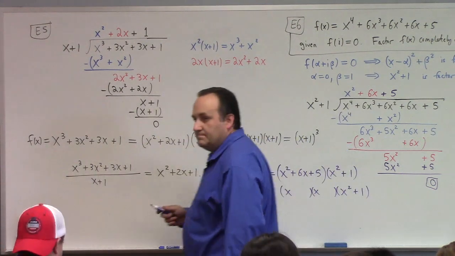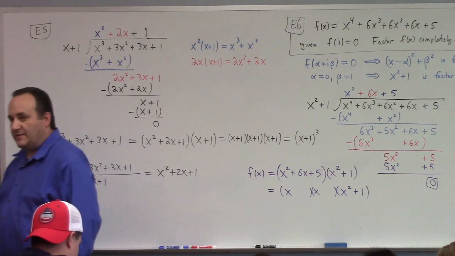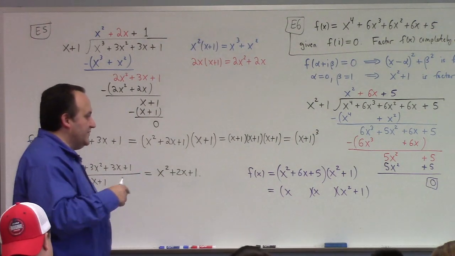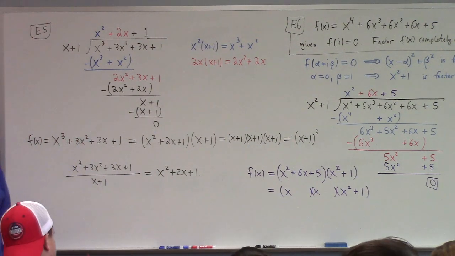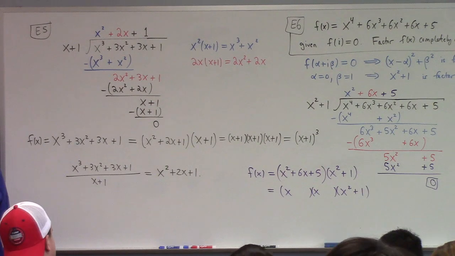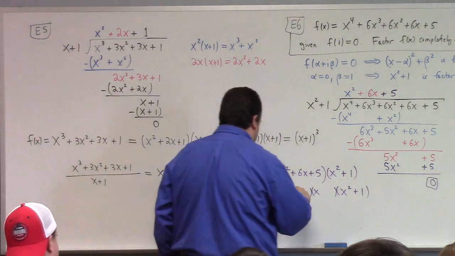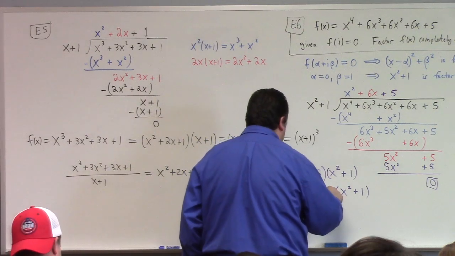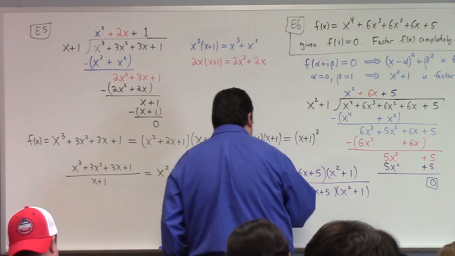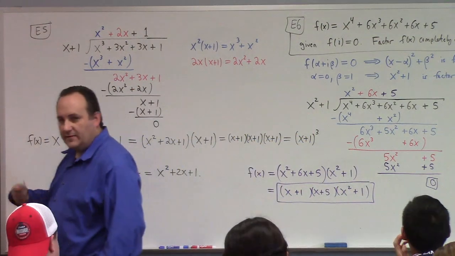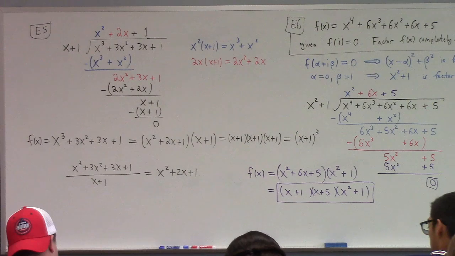That's prime, because that comes from f of i being 0. It's an irreducible quadratic, as we say. For x squared plus 6x plus 5, 2 and 3? But 2 times 3 is 6. 1 and 5. Yeah, x plus 1, x plus 5. There you go, completely factored. And that is how we can use long division to help us factor. We'll do more of this Monday.